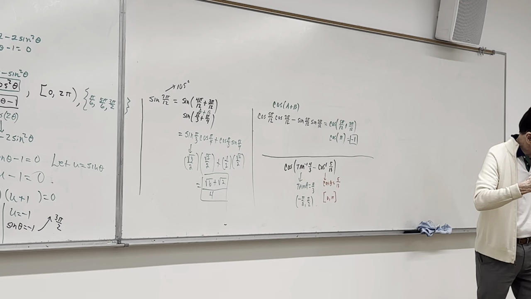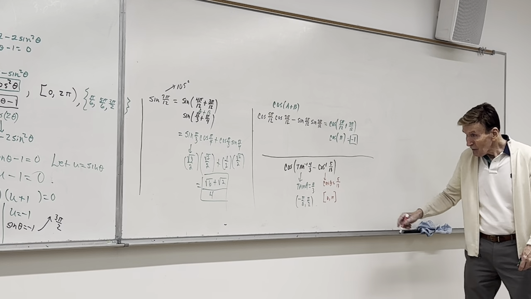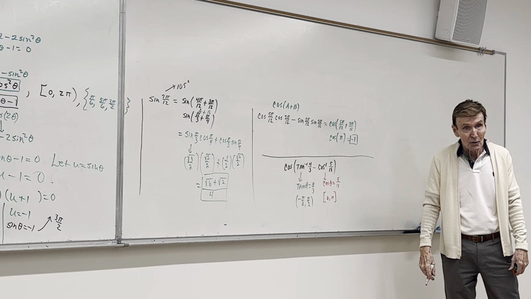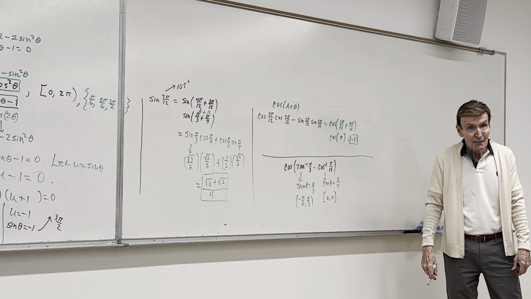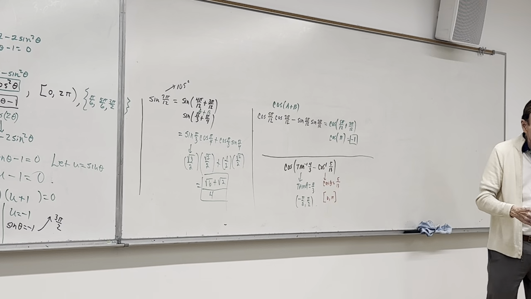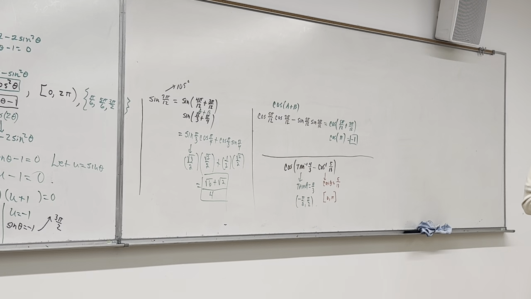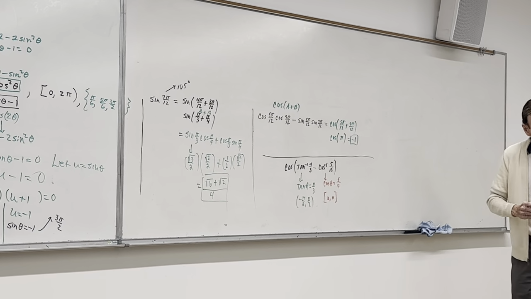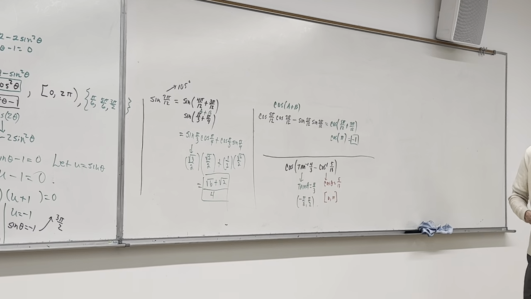Do I know, standing right here, what that angle is? I have no clue. I know where it is. It's caught between 0 and 180. I have no clue what the angle is, and I'm going to call that angle the one in red. Now, what it comes down to, Alexandra, look at this.